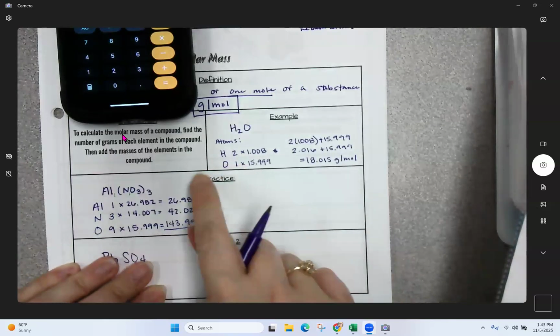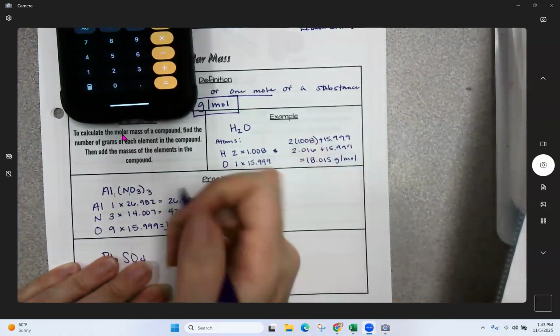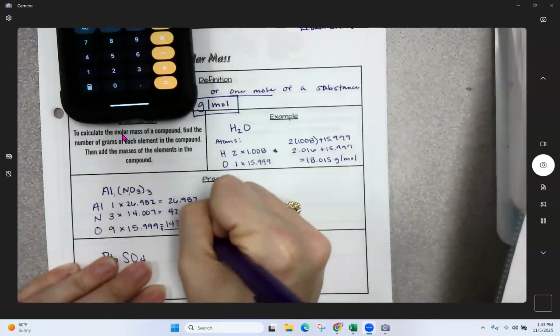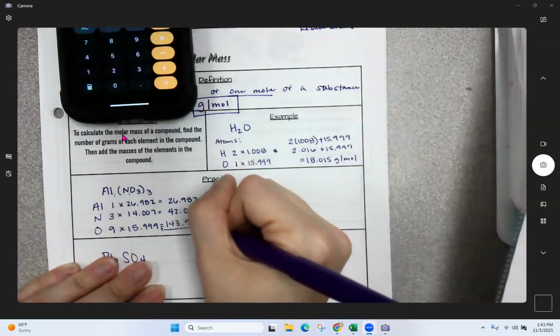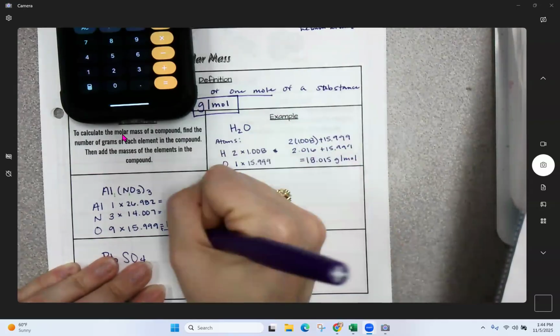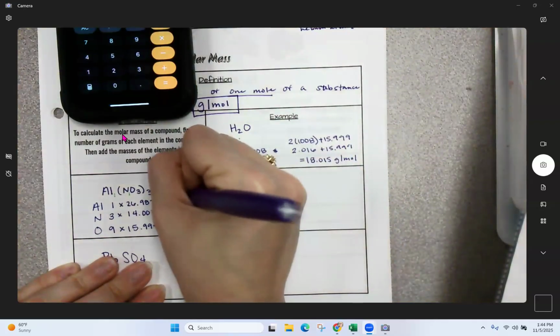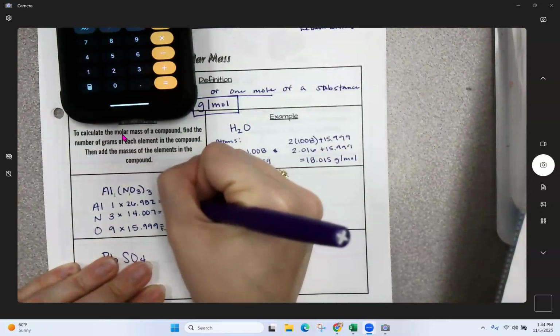And if you write it like this instead of like that, you got it all lined up ready to do your math. So we're going to add those together. You can type this into your calculator. You can do math the old-fashioned way.